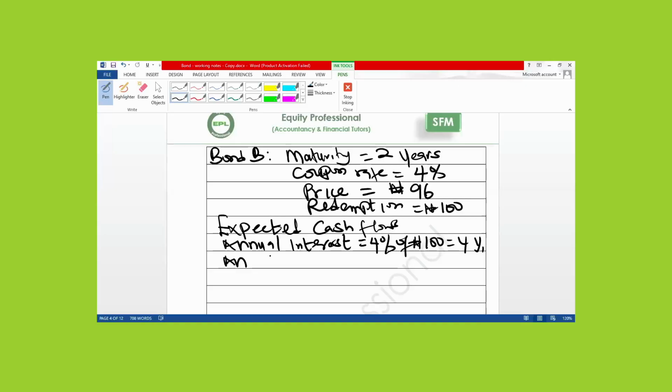Annual interest again. 4% of 100 naira, 4 naira in year 2. This bond is for 2 years.